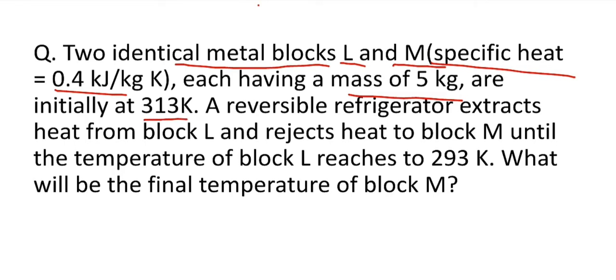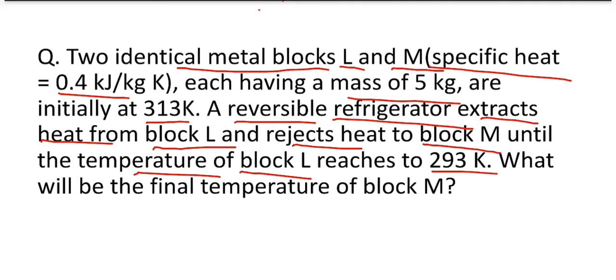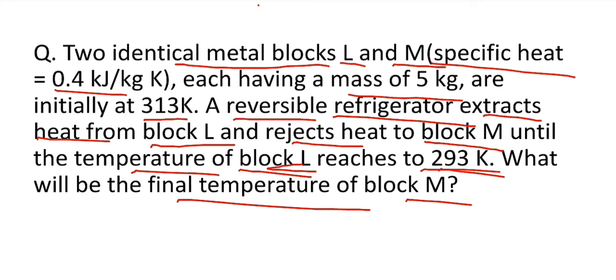There is a reversible refrigerator which extracts heat from block L and rejects it to block M until the temperature of block L reaches 293 Kelvin, and we have to find the final temperature of block M after the temperature of block L reaches 293 Kelvin. So let's make it more clear with a figure.